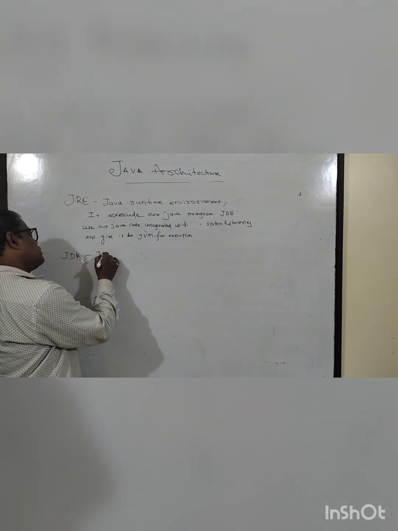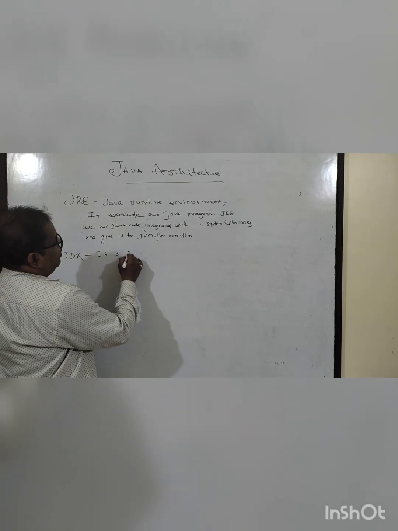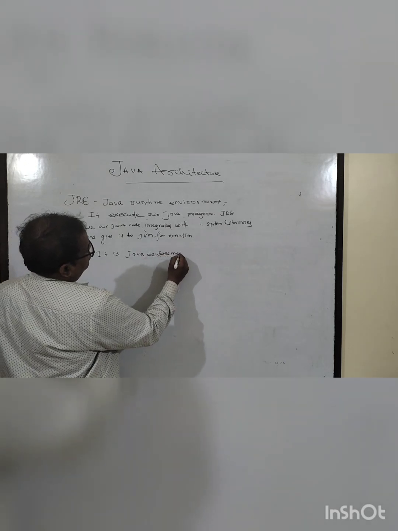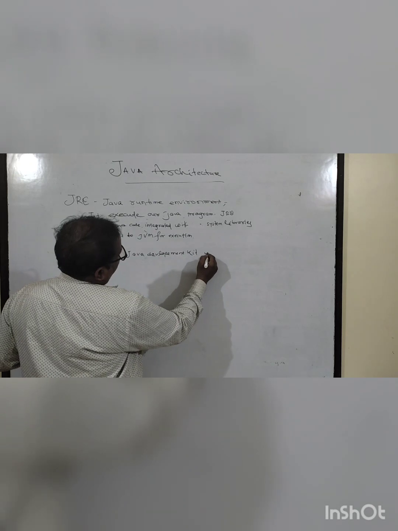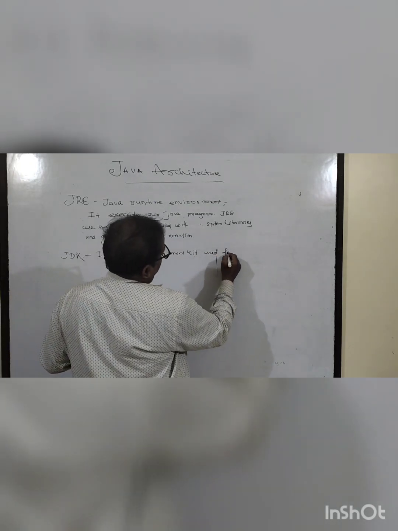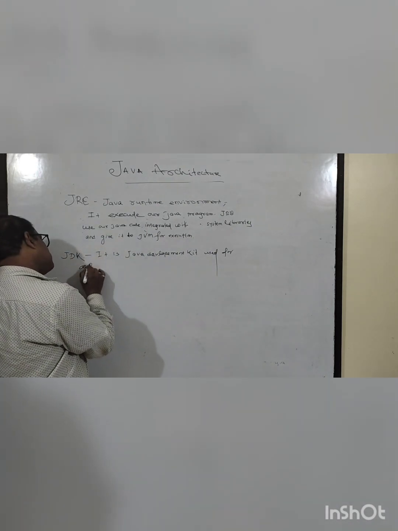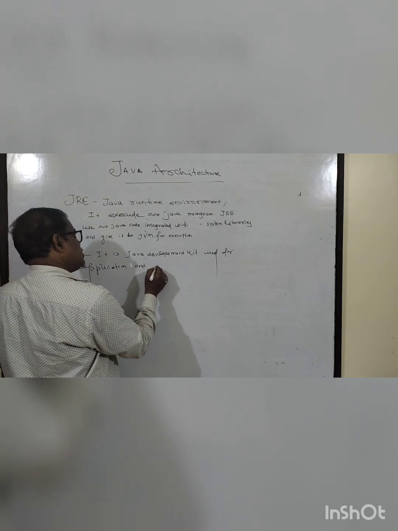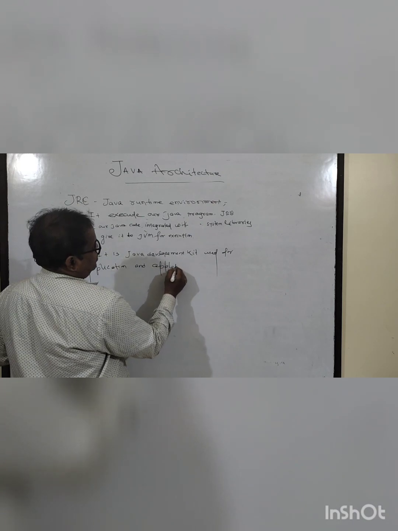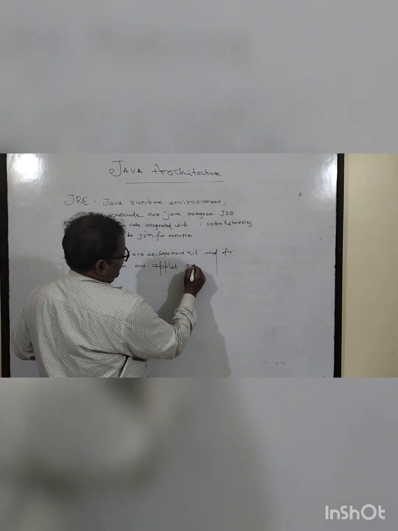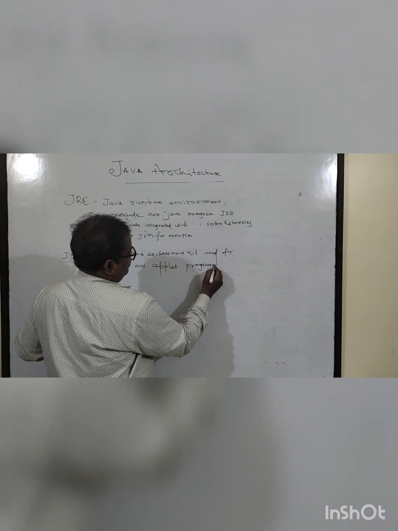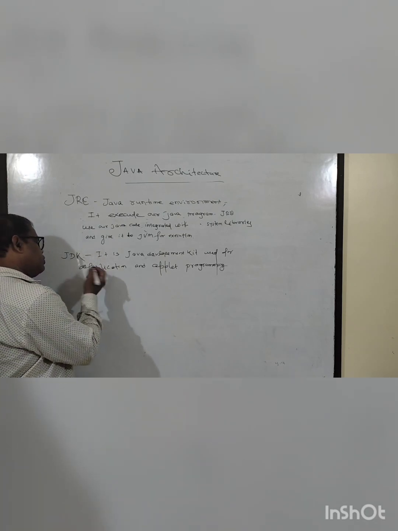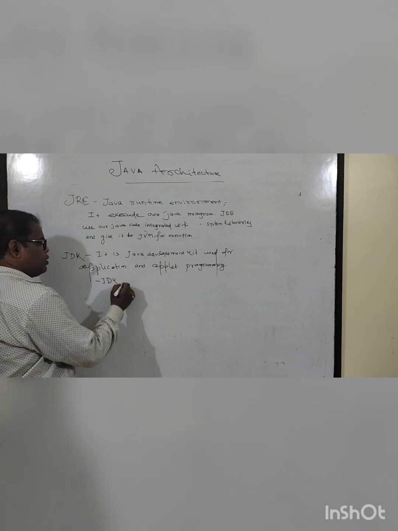JDK is the Java Development Kit, used by the application programmer. What things does the JDK contain?